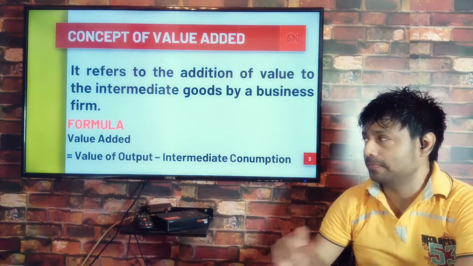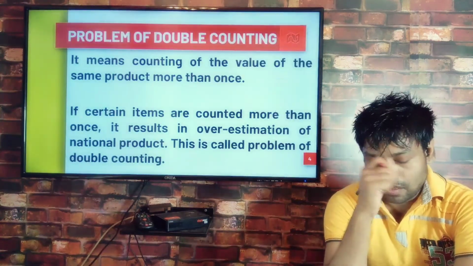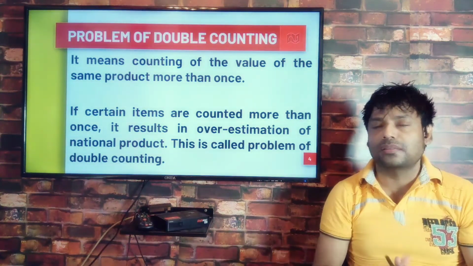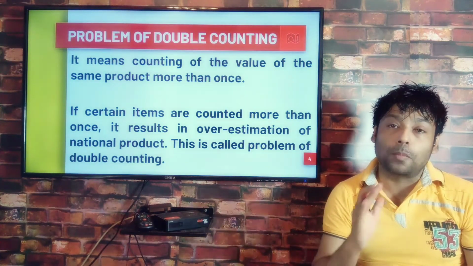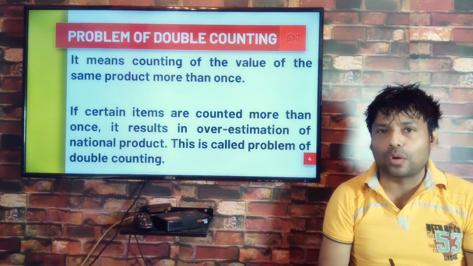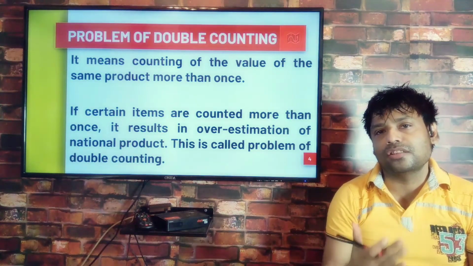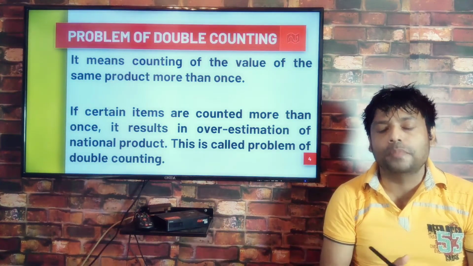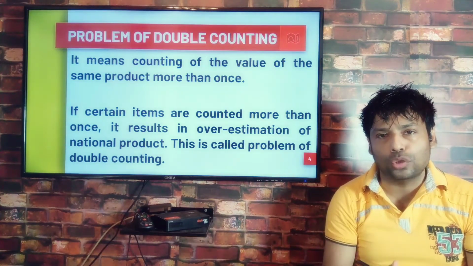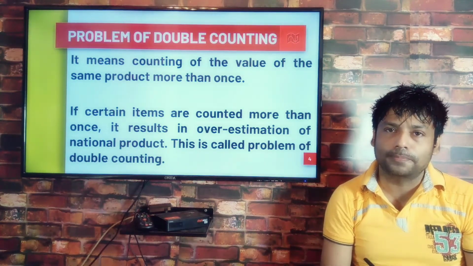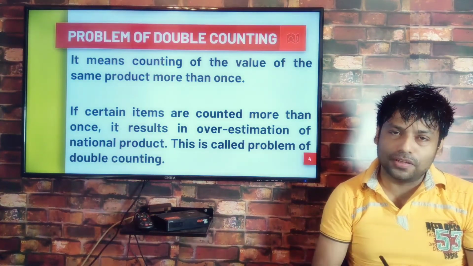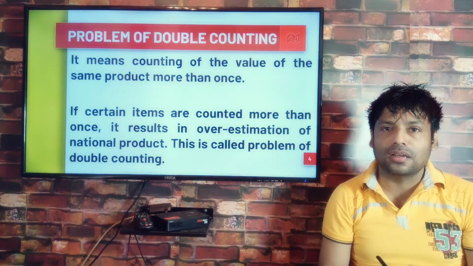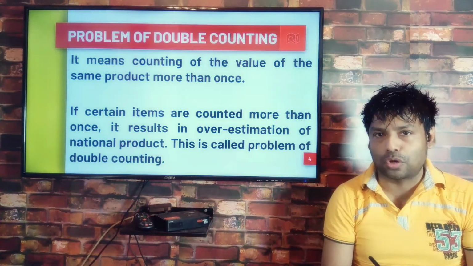Let me change the slide. Another important concept which I must explain to you is double counting. Double counting is an error whereby a transaction is counted more than once. For example, the cost of intermediate goods used by a business firm to produce a finished product are included in national gross domestic product.